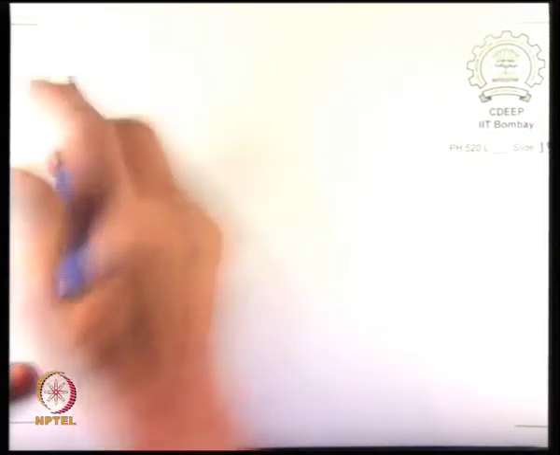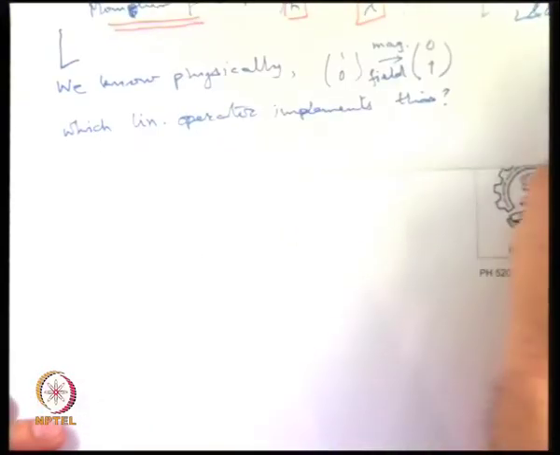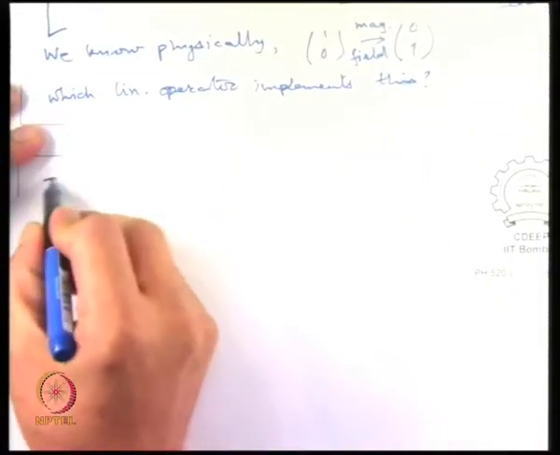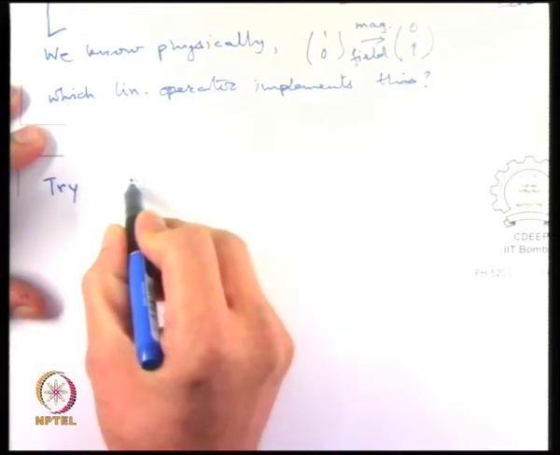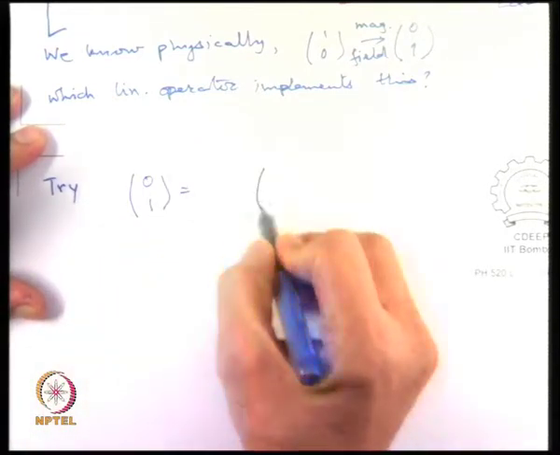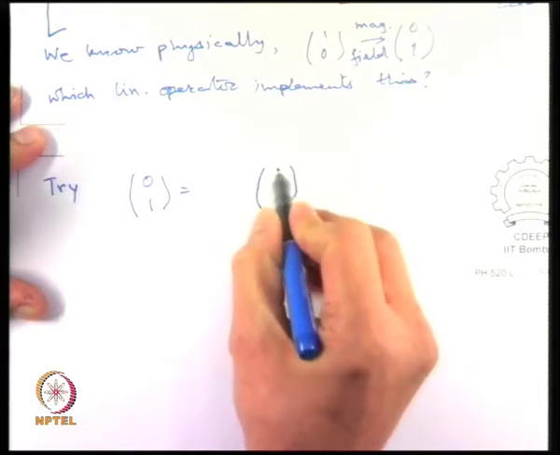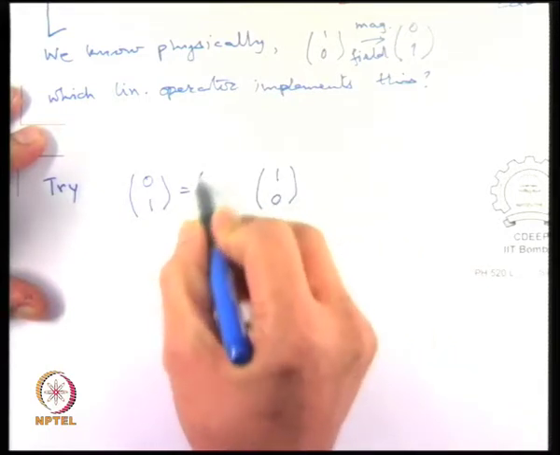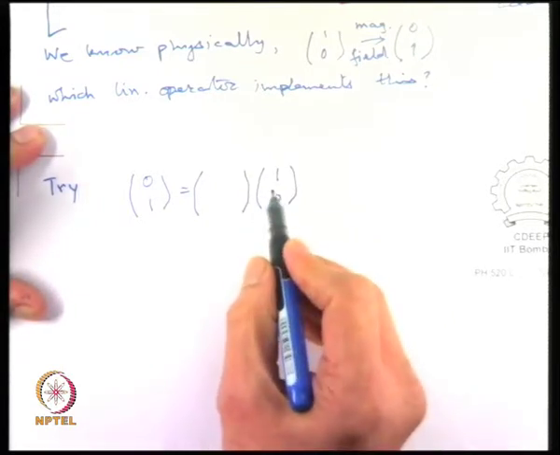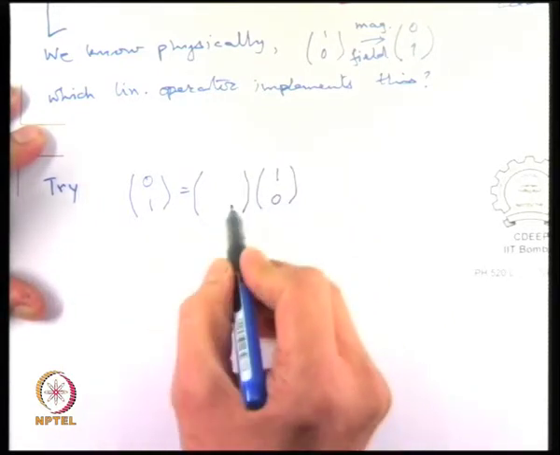So how do we get from down to up or up to down? We apply a lowering operator, equal to something acting on 1, 0. Obviously this can be done by this row into this column.